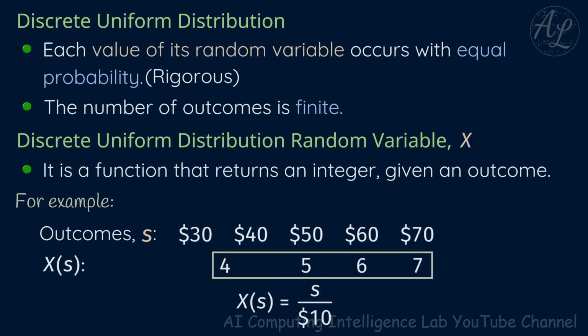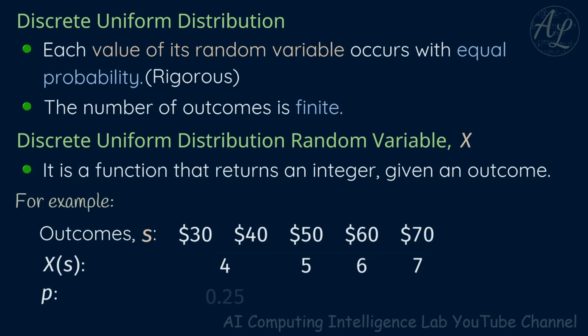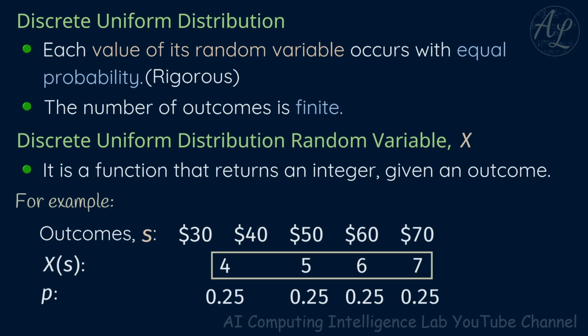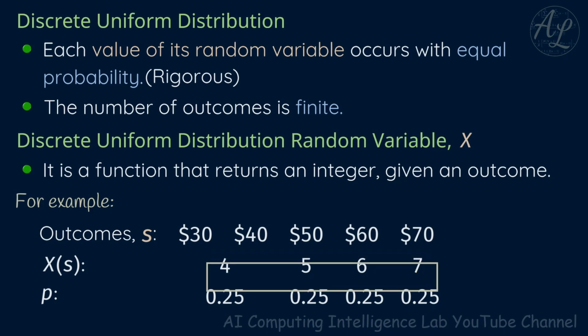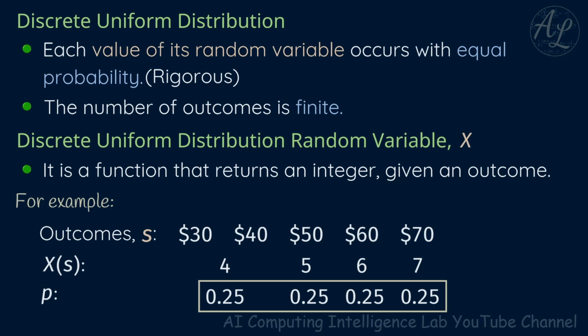We have these values now. We now have only 4 values instead of 5 compared to before. And then we can put their probabilities of occurrence in here. So as you can see, the probabilities of occurrence of the values in here, which are these, are all the same. They are all 0.25.